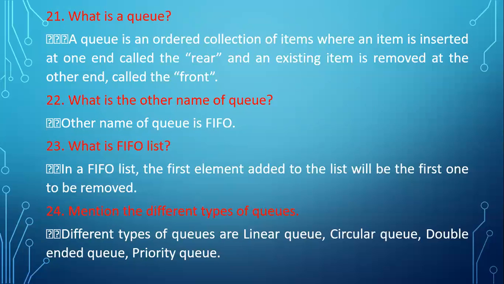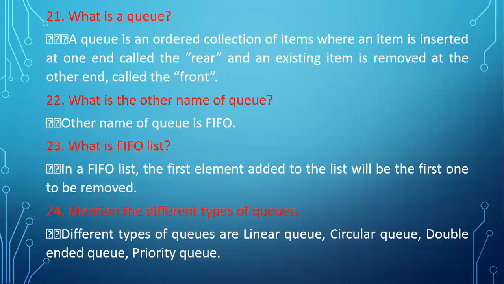This is the principle of queue. In queue, whichever element we have inserted first will be removed first. That's why this is called first in, first out. Queue follows the principle of FIFO.